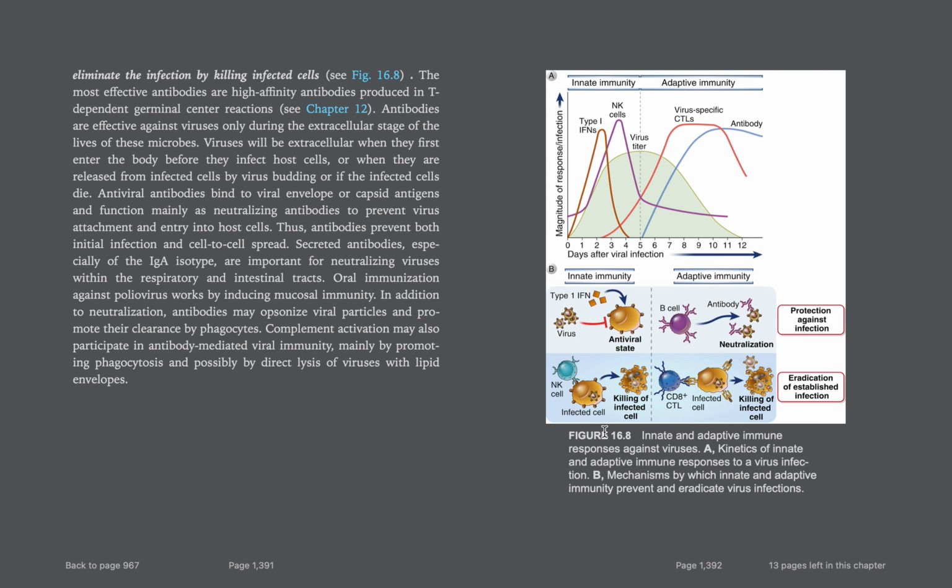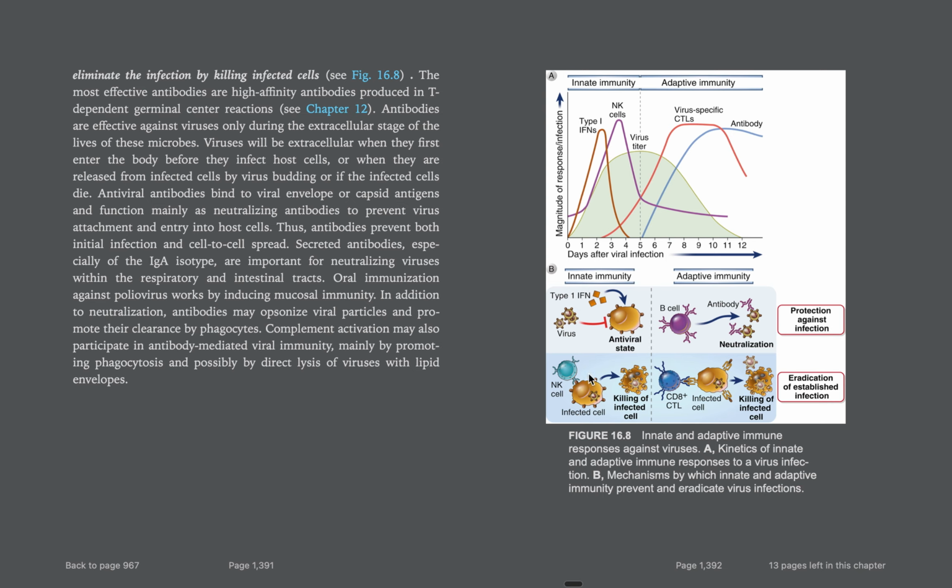So we have here figure 16.8, the innate and adaptive immune responses against viruses. A shows the kinetics of innate and adaptive responses to virus infection. So we have the type 1 interferons, viruses, they are activated, they have neutralization, protection against the infection. Then B, mechanisms by which innate and adaptive immunity prevent and eradicate viral infection.